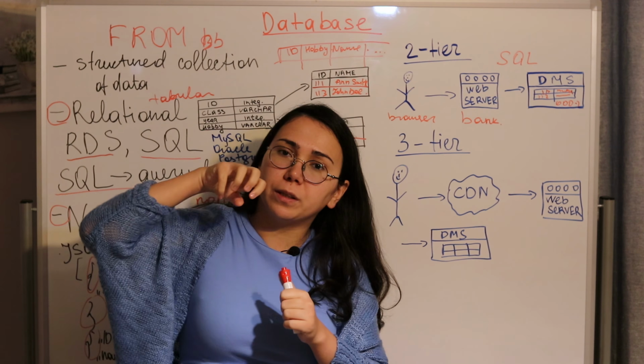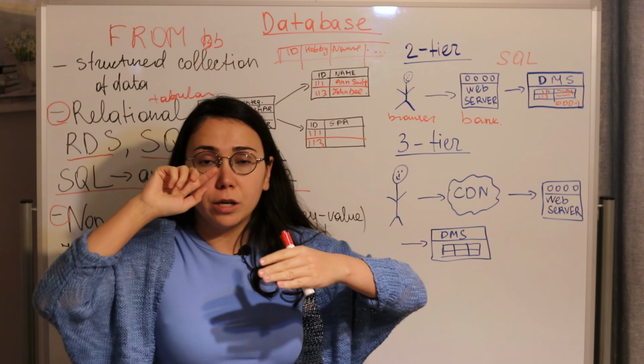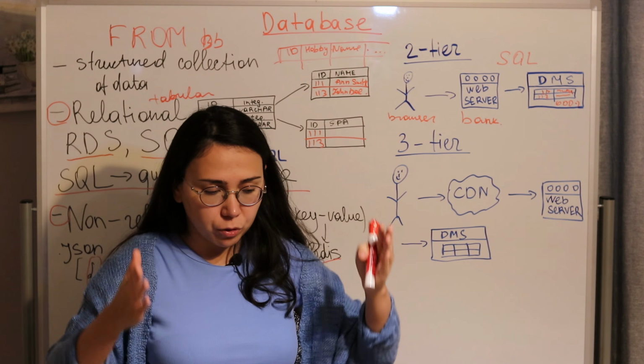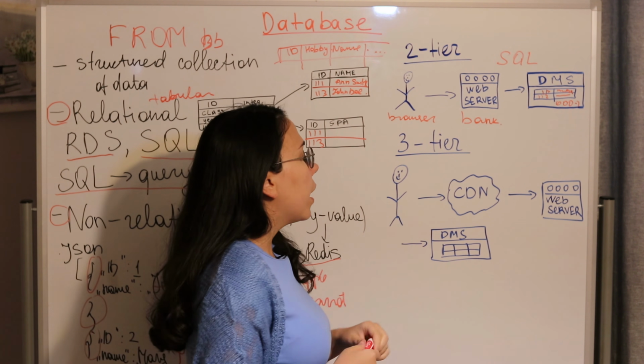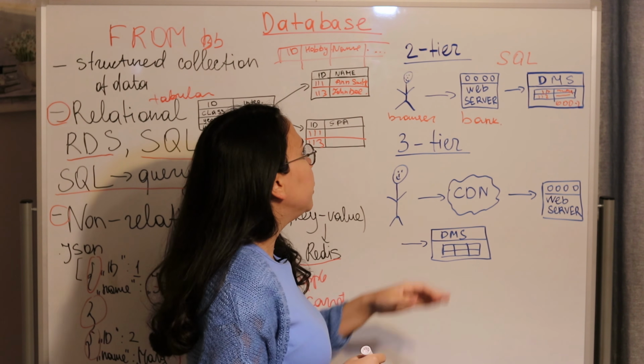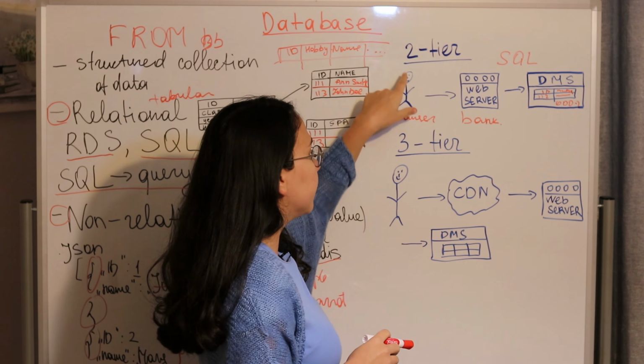Everything is fetched from the database, and the page you see when you scroll through the product description is populated. So databases are very widely used, and this is a very basic two-tier architecture.